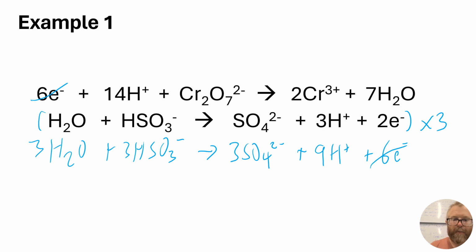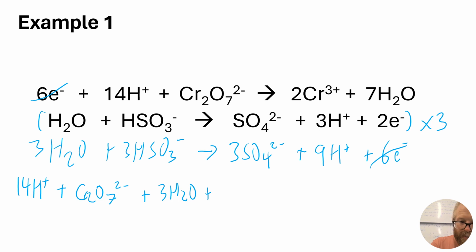and I will rewrite. So there are two ways you can do this. I could write what's for the dichromate, so the 14H plus Cr2O7 2 minus, and that's the reactants. Now I'm going to do the other reactants, plus 3H2O plus 3HSO3 minus.